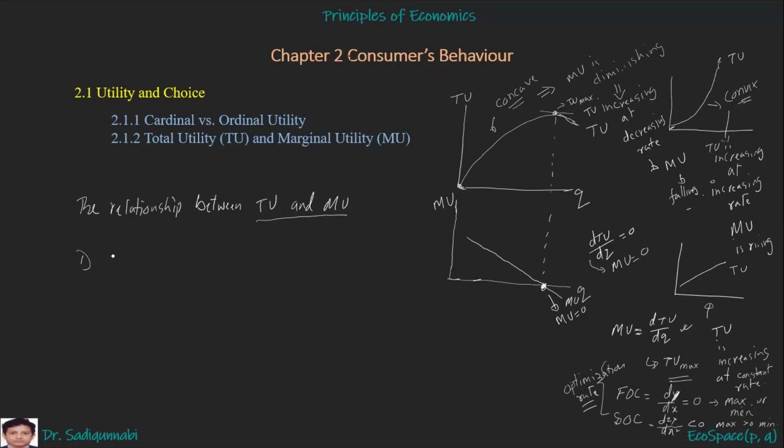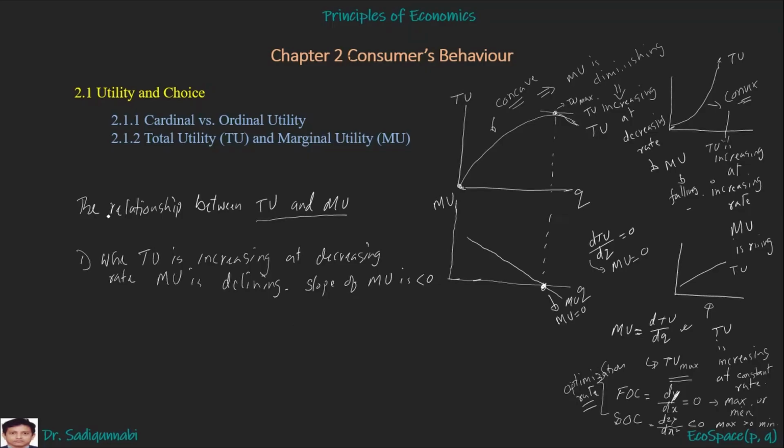First, when TU is increasing at decreasing rate, MU is declining. That means the slope of MU is negative.